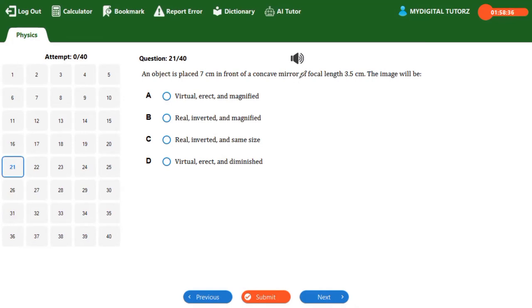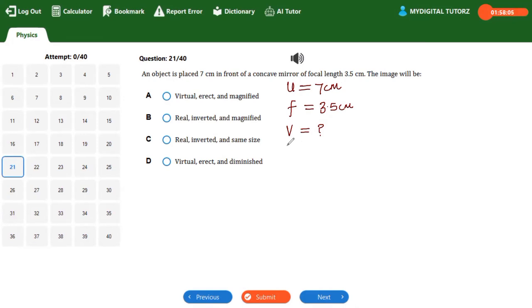Here we're given that an object is placed 7 centimeter, so that is u, the object distance, 7 centimeter, and the focal length of the mirror f is 3.5 centimeter. So let's get the image distance v, which is the unknown.